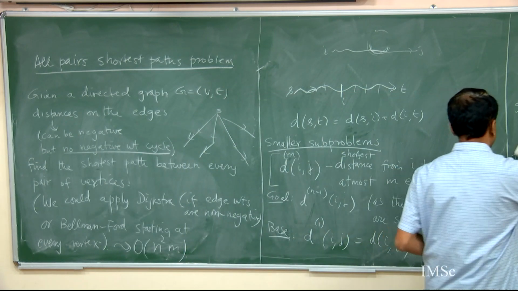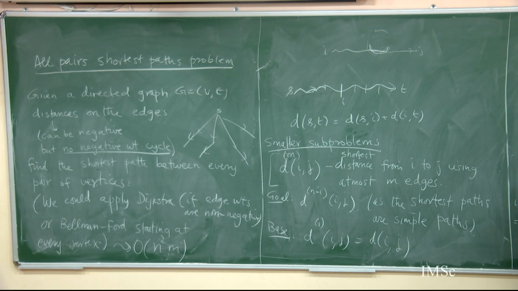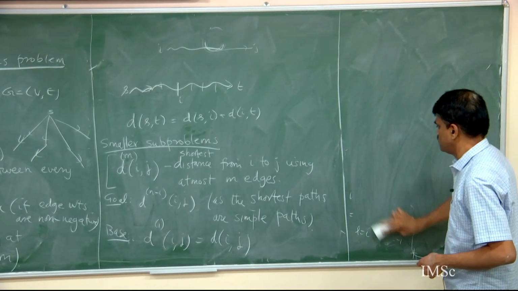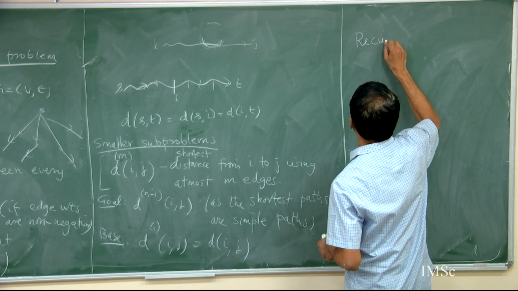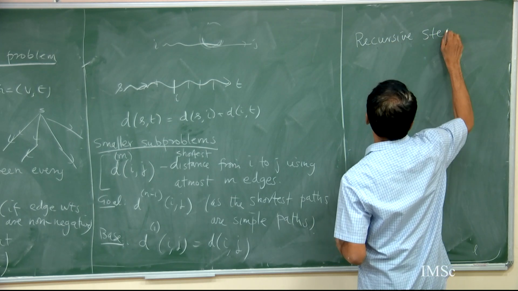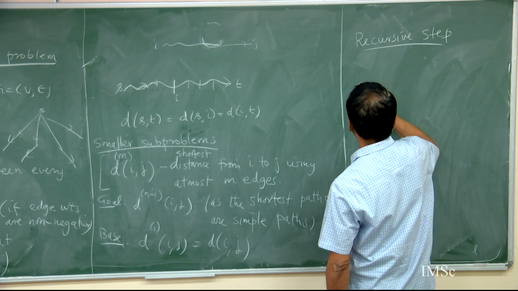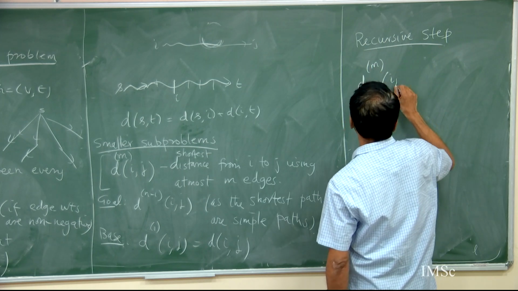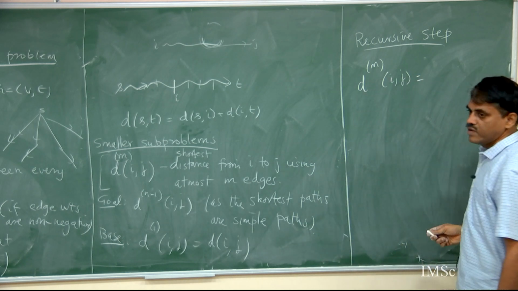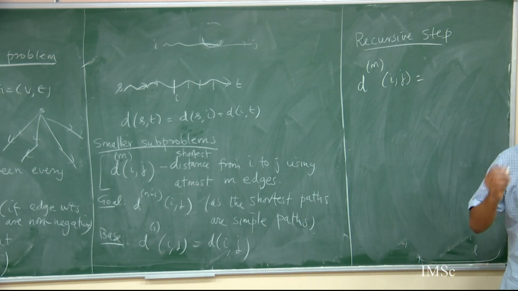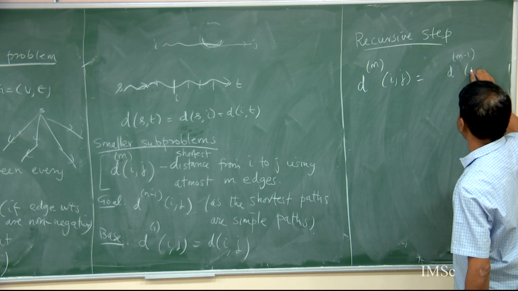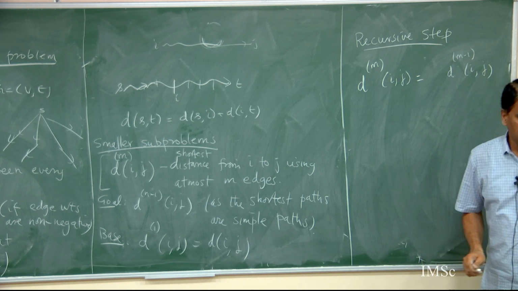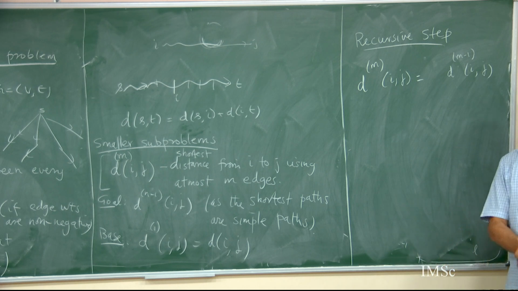And what would be the recursive step? It would be d m minus 1 ij, possibly, because maybe I don't even need m edges. If you allow me to use more edges, I may not necessarily get a shorter path.